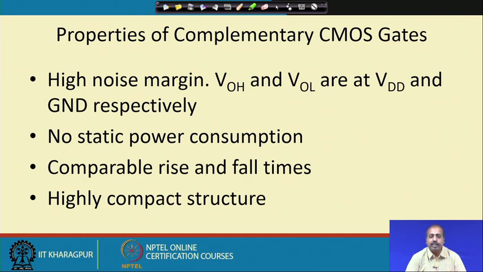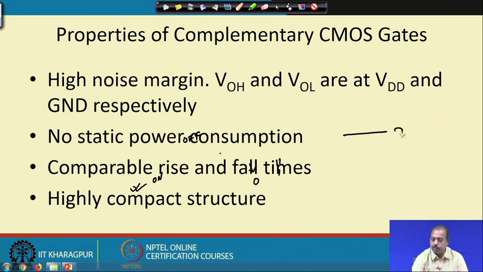You may say that anything above 2.5 is considered logic high, and anything below 2.5 is logic low. But the problem is that there may be noise coming into the signal lines.